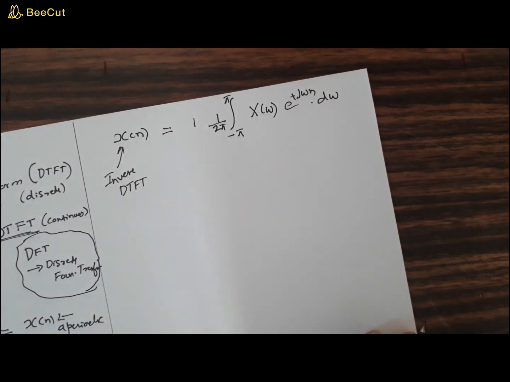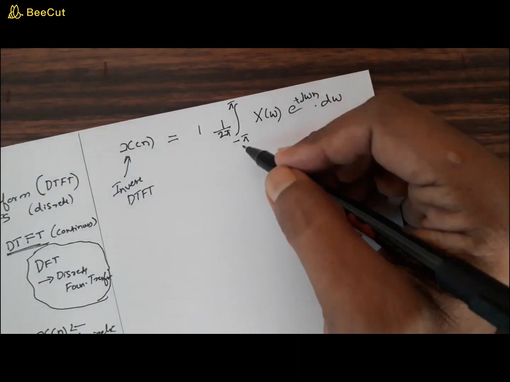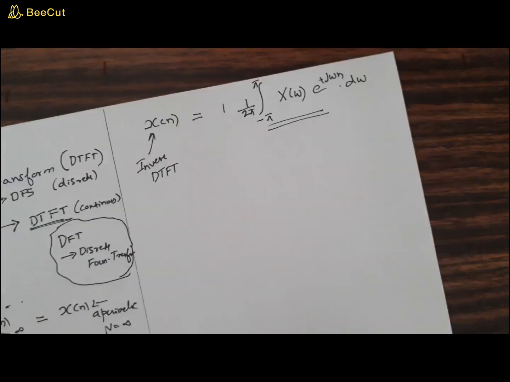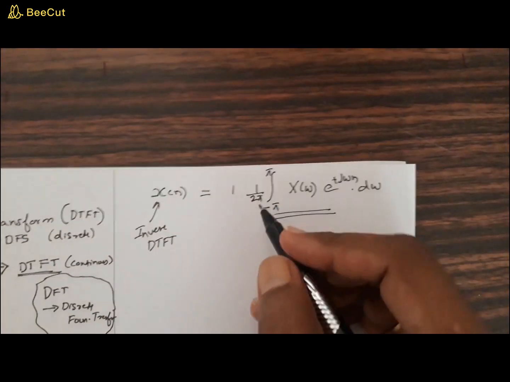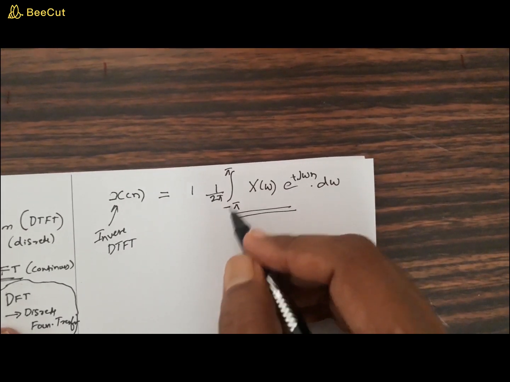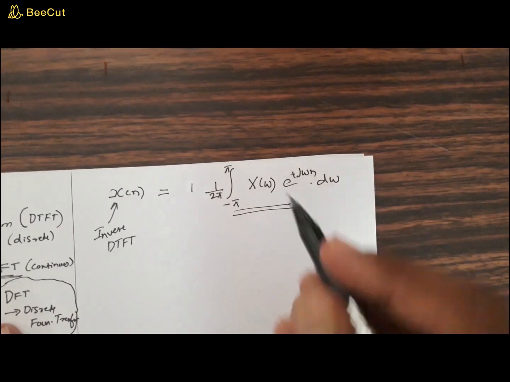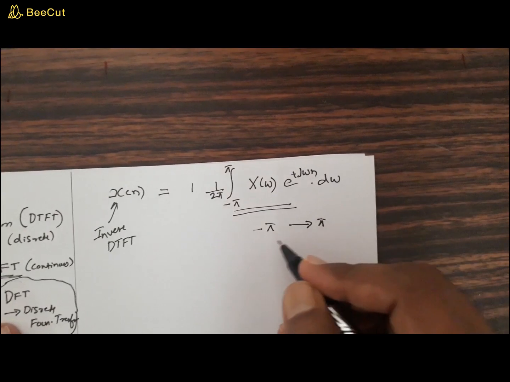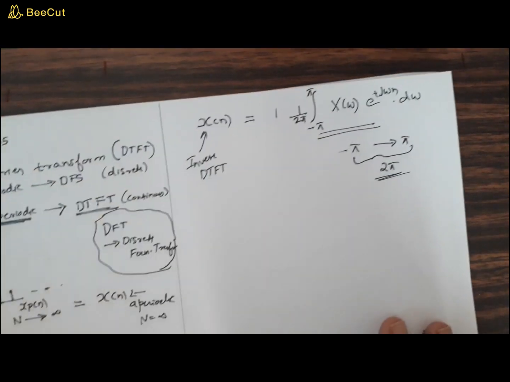Now you might have noted that it is not from minus infinity to plus infinity. We must have a reason for that. When you try to find out why this limit is not from minus infinity to plus infinity, but instead you are using minus pi to plus pi, what is the span between minus pi to plus pi? It is 2 pi, right?